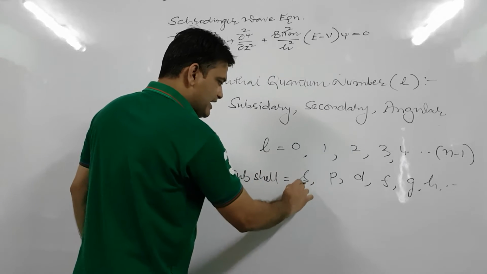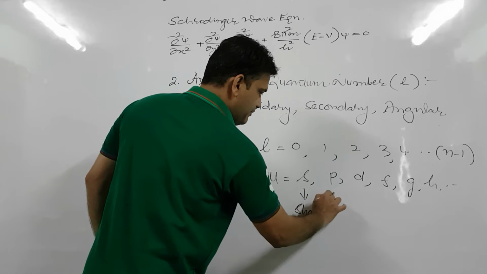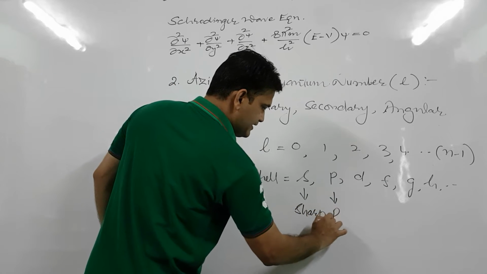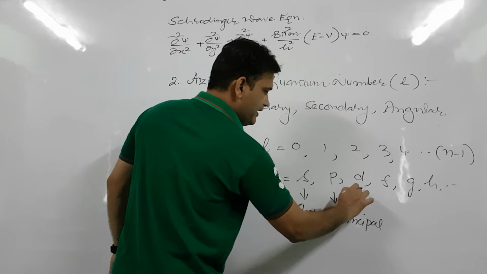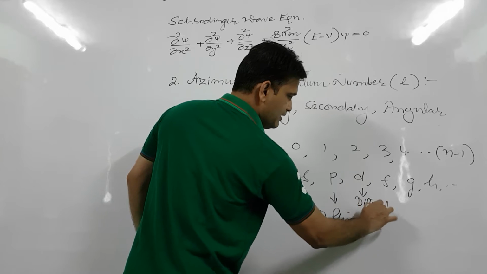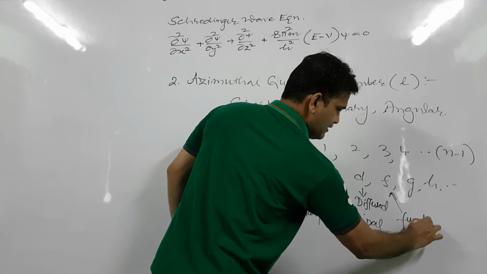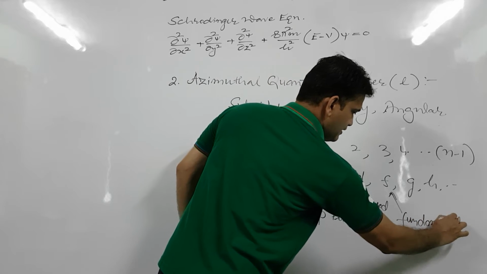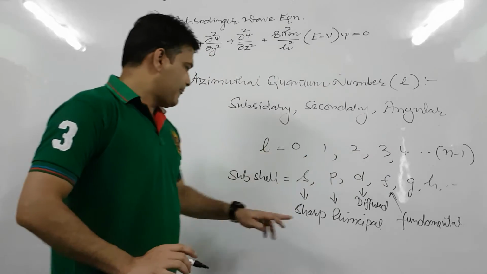So this s means sharp, p means principal, d means diffused, and f means fundamental. So these are s, p, d, f subshells.